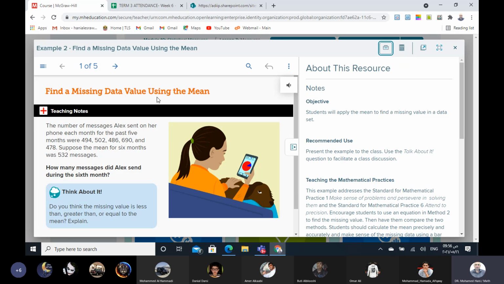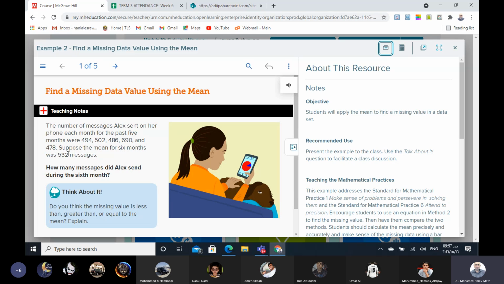Find the missing data value using the mean. The number of messages Alex sent on her phone each month for the past 5 months were 494, 502, 486, 690, and 478. Suppose the mean of six months was 532 messages.